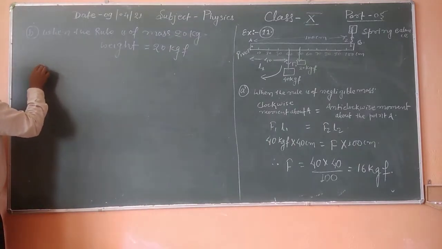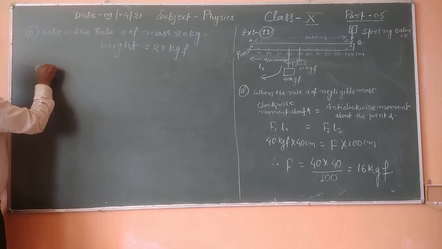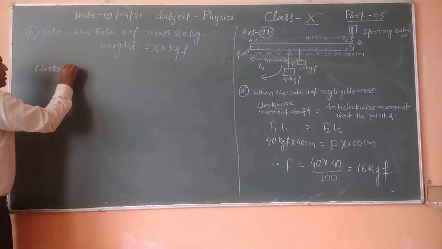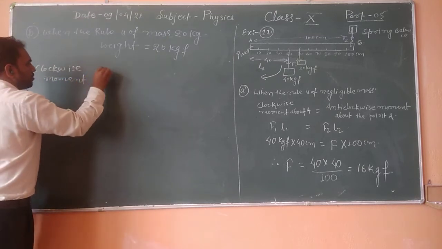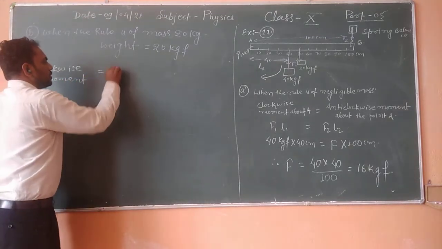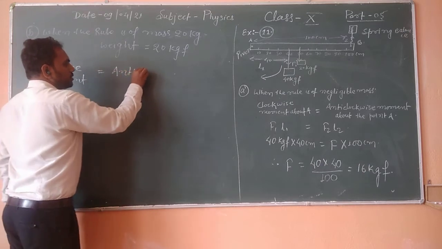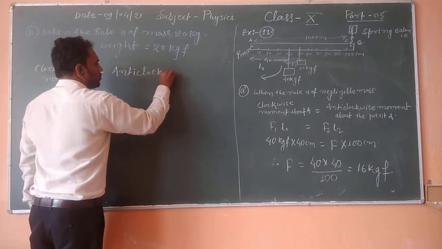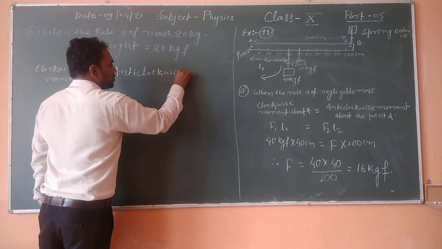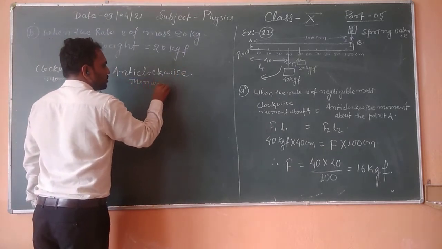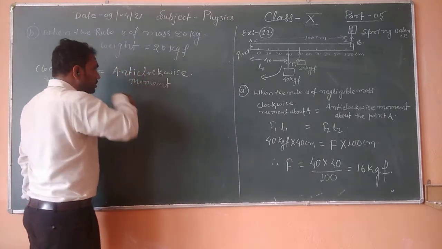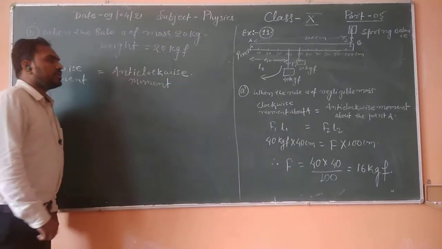The clockwise movement will be equal to the anti-clockwise movement about the point A.